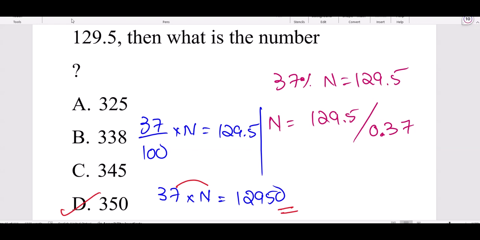Focus on every question, whether you are able to solve within a minute or not. That's important here. 37% is 37 divided by 100 into n equal to 129.5. This 100 goes to that side, compensate one decimal and add one more 0. Now it should end with 0, which means this is 350. Simple.